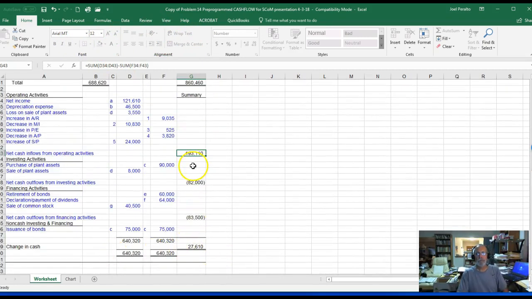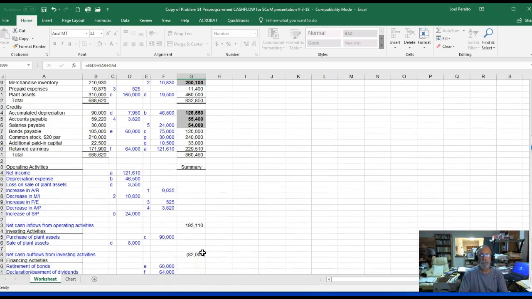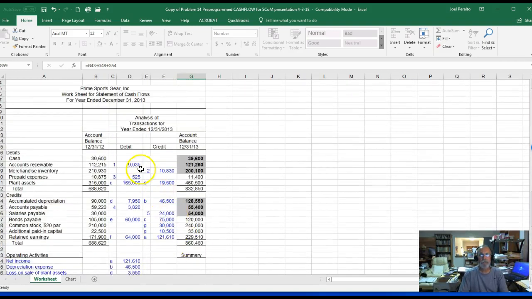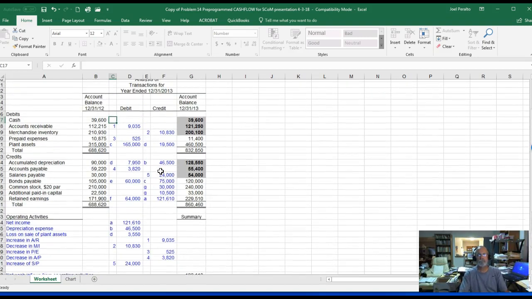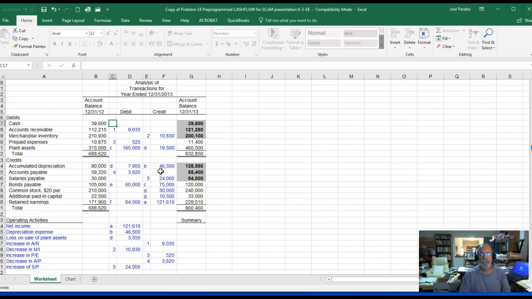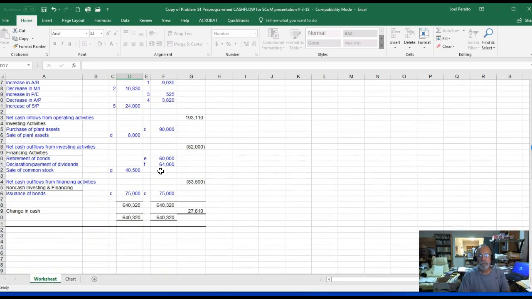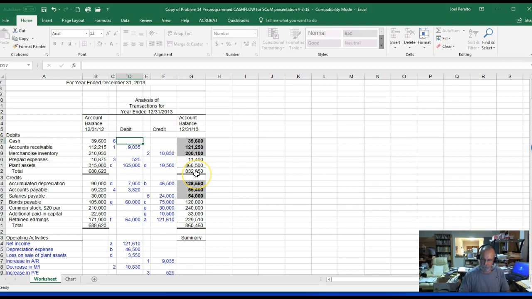Anyway, we have a positive cash flow amount from operating activities, negative cash flow amount from investing activities, negative cash flow amount from financing activities, and if we add the three totals together, our change in cash is a net positive amount of 27,610, and so that would be the last item shown on the balance sheet, and that would be, let's see, item number 6, I believe. 27,610.